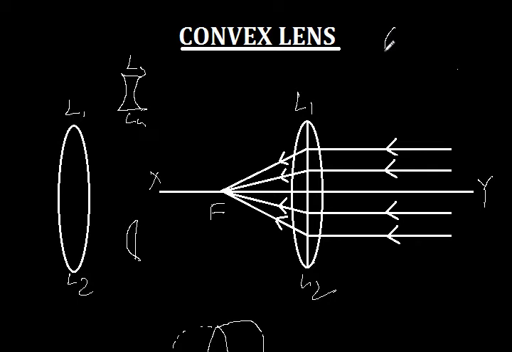But if the rays of light are not parallel to principal axis, say this is the principal axis and the rays, after refraction they will converge at a point outside the principal axis.